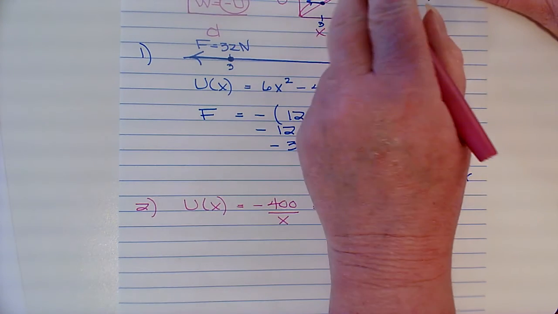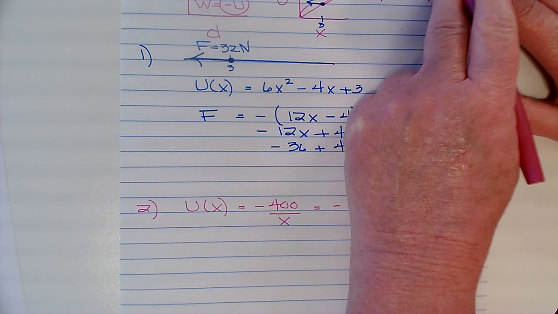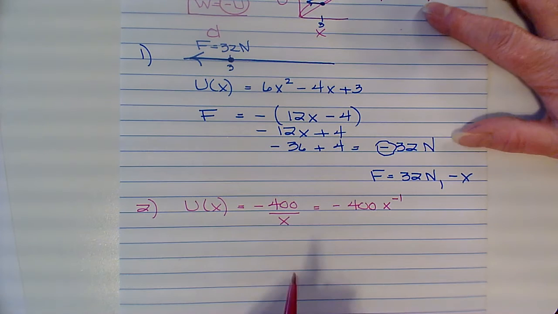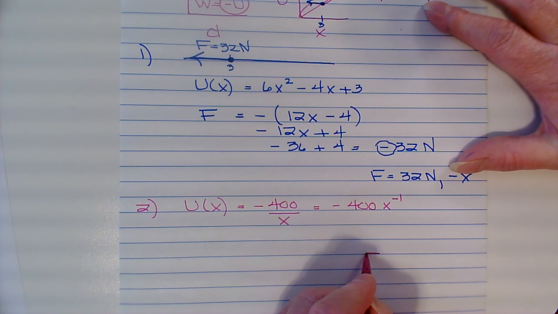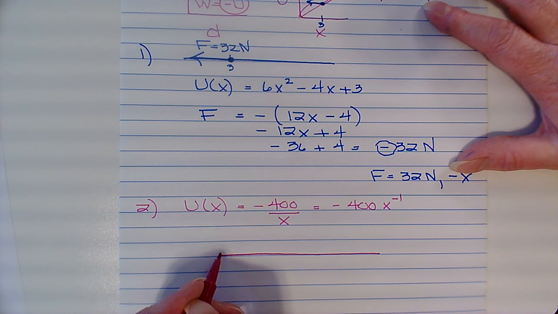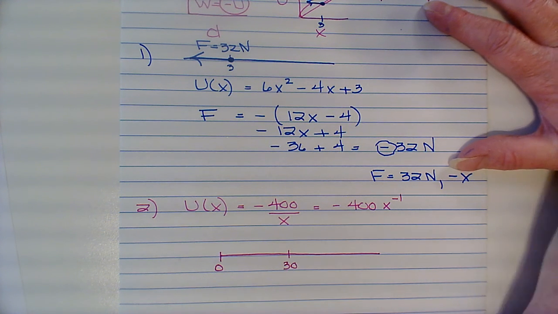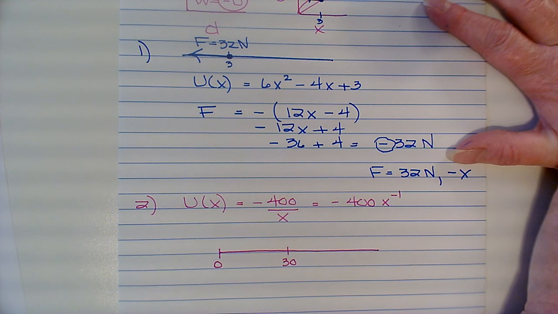All right, the object is released from rest at position x equals 30 and is free to move along the x-axis. So again, it's free to move along the x-axis. I'll pretend that this is position 0, but we are at position 30. So it's at position 30.